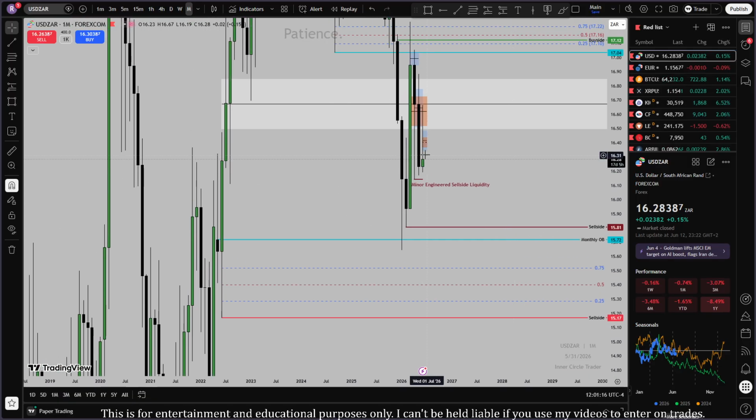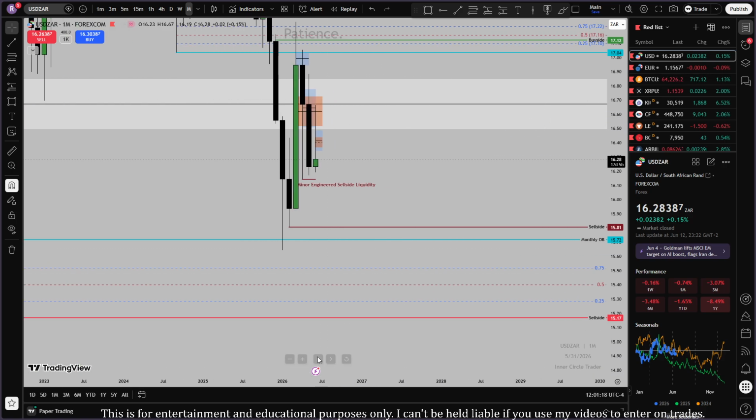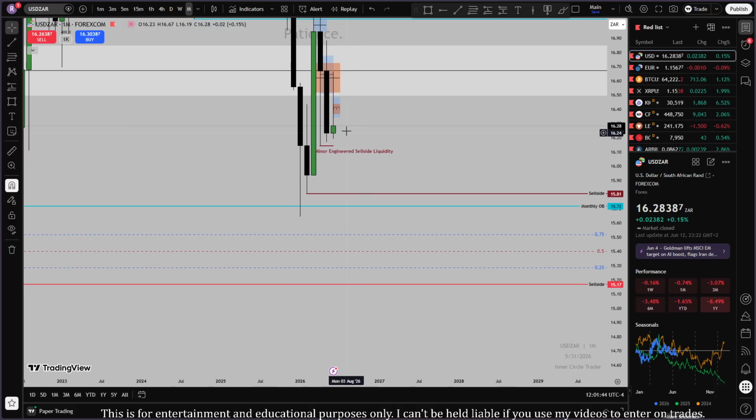Check what we did on the monthly. In the past 13 days, check what we have done. Right? So we went up into the levels, left a fair value gap, will come up, reject them, and form the wick of the other side.